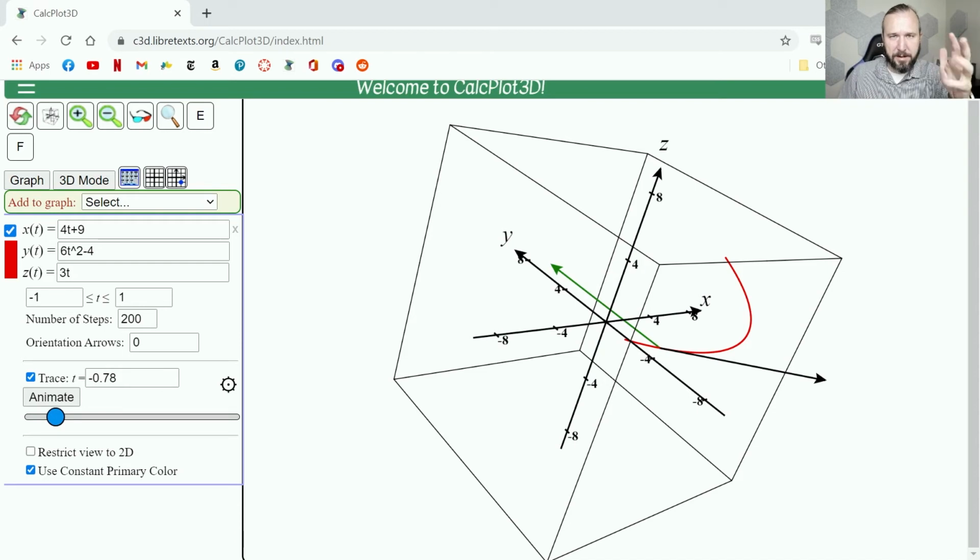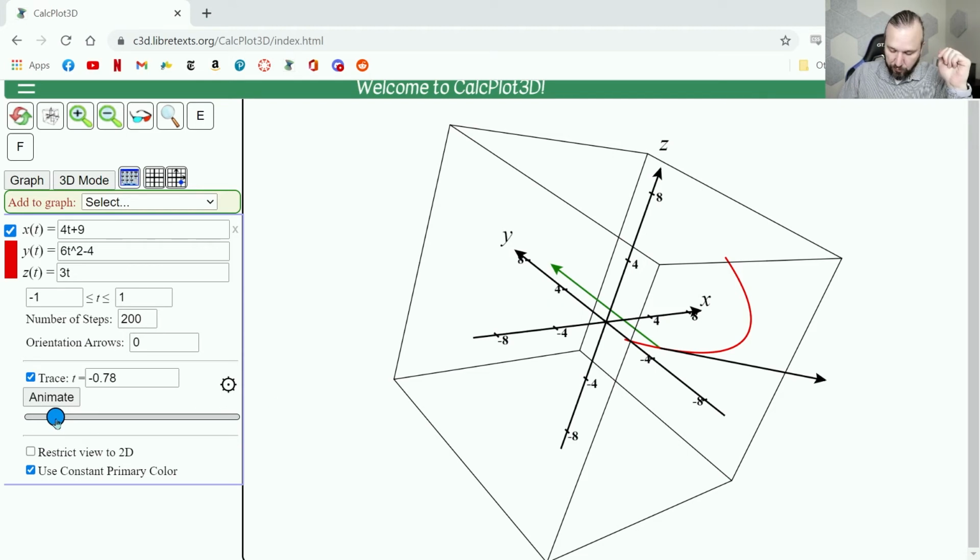I just wanted to check my claim that in general velocity and acceleration vectors are not perpendicular to each other, and usually they're not. You can see here, I pulled up Calcplot 3D. I put in our space curve, and I'm using a time between -1 and 1. The time that we're concerned with is time 0. And you can see here that the velocity and acceleration vectors are not at a 90-degree angle. The black vector is the velocity, and the green vector is the acceleration.